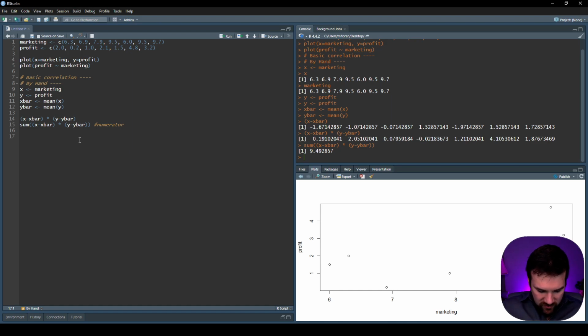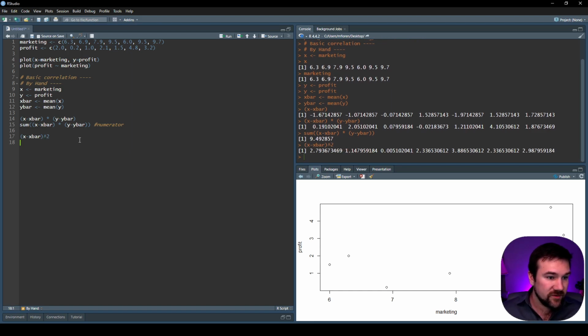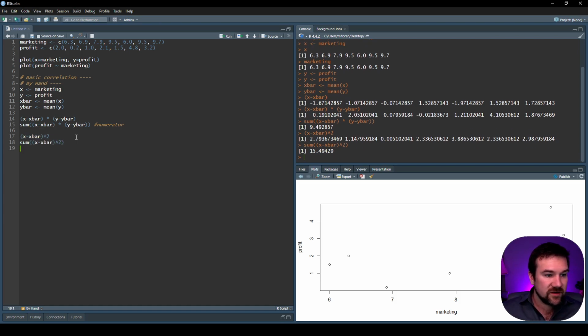For the denominator, I wanted X minus X bar squared, and notice that I'm putting that in parentheses, and then I wanted the sum of that quantity, the sum of X minus X bar, quantity squared. So this is all of the X minus the X bars, and then I raised them all to the second power, and then I just added them all up.